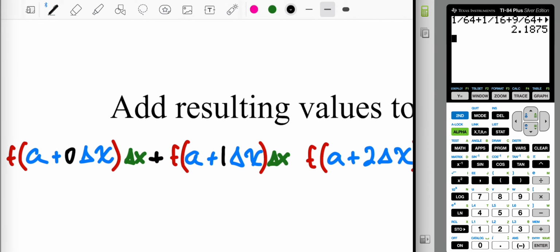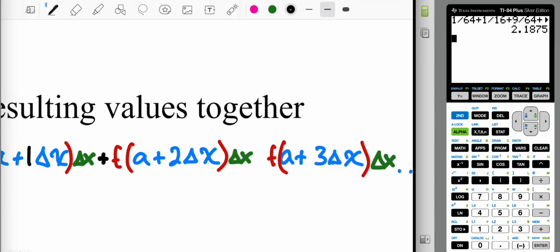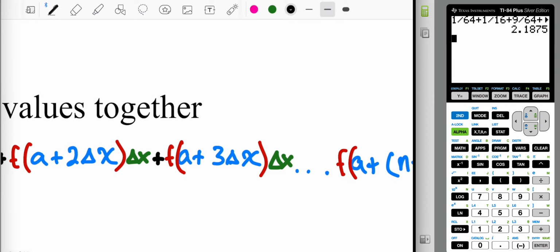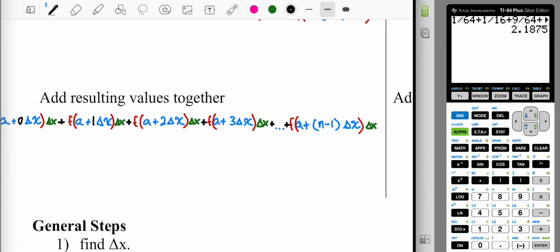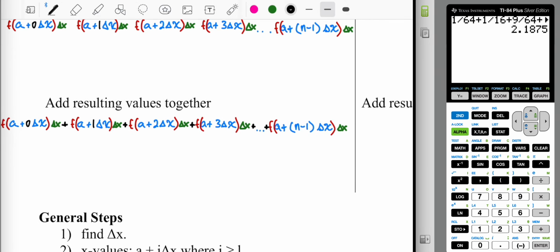So plus, plus, plus, plus, and plus. All right, but we can generalize this because there isn't a whole heck of a lot that changes here. The only thing that actually changes is the coefficient of delta x.